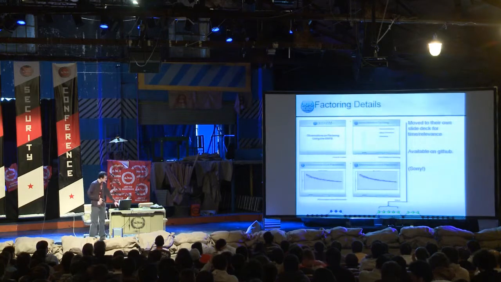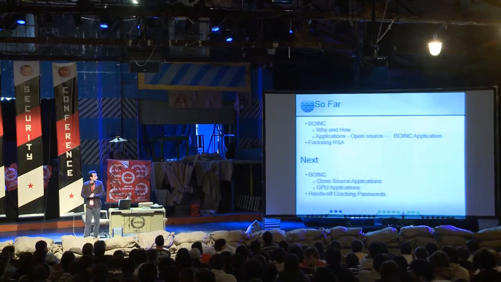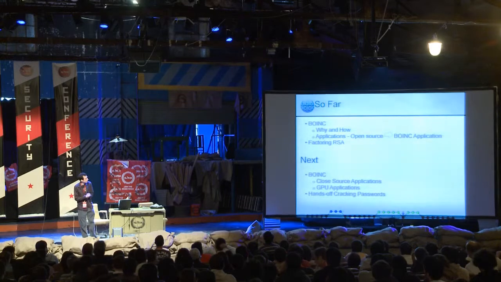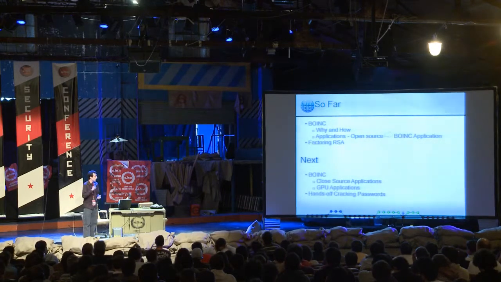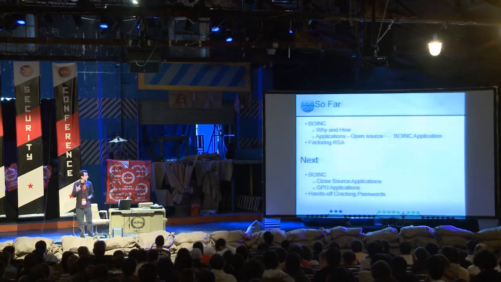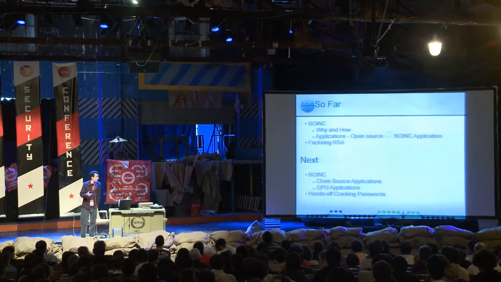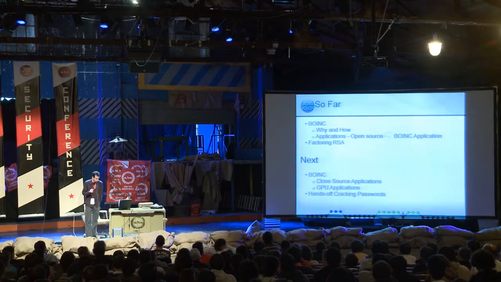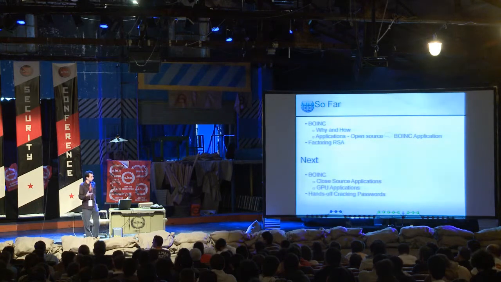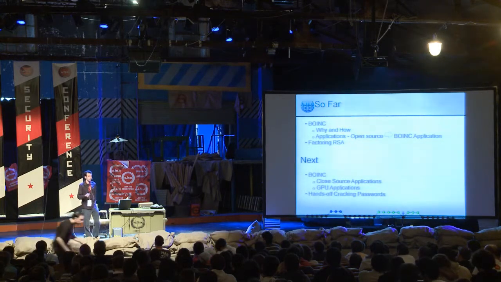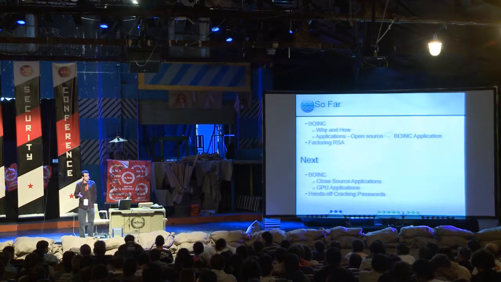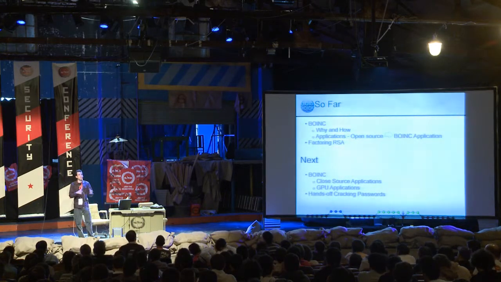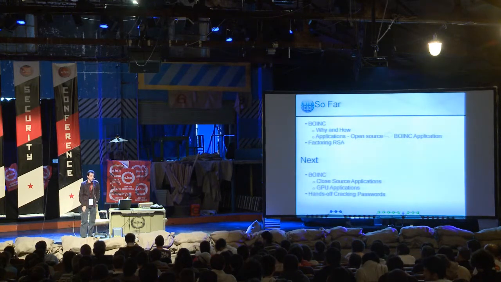Everyone loves graphs. So far, we've run open source programs in BOINC, and we've factored RSA. Let's talk about running closed source applications, doing GPU applications, and doing password cracking. So, sieving in the general number field sieve is what's called embarrassingly parallel. It's a computer science term, and what it means is that something should be so simple to run on multiple computers that it's embarrassing. But there's two sides of this coin.